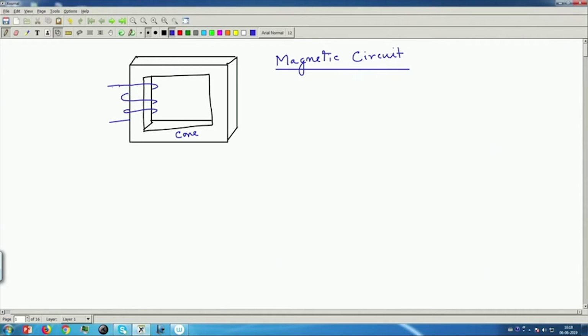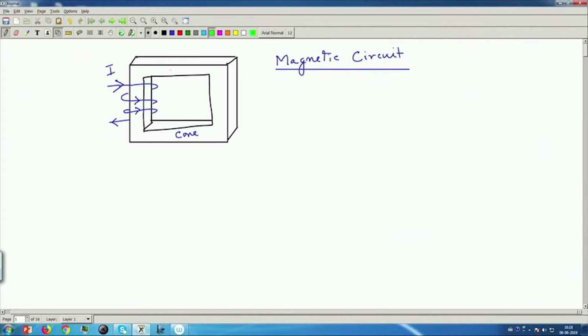And we know that if this is the direction of the current, suppose DC current first, then the direction of the current will be like this in the coil. Suppose we have connected a DC source, this is the current. Then what happens?